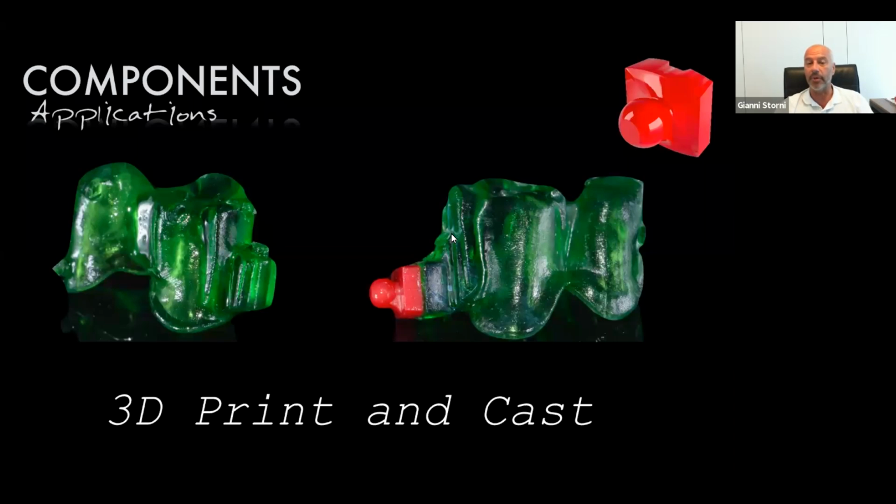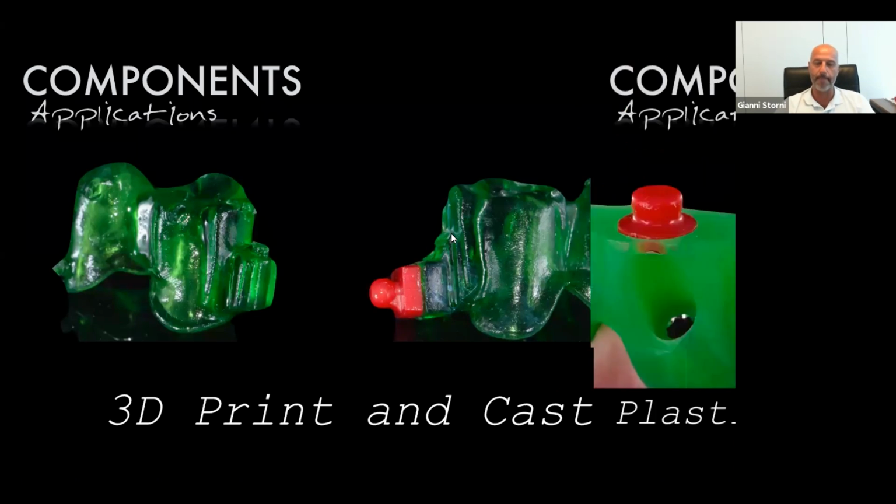So we can print the crown in castable resin, and we can bond the castable attachment and cast. In this case, we have a mix of CAD-CAM application and castable solution. We shut down the cost, but we have a fast, repeatable and predictable result.